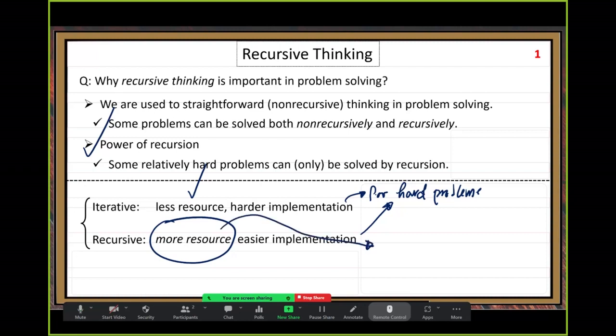So in computer main memory, that's the working environment in order to execute your programs.